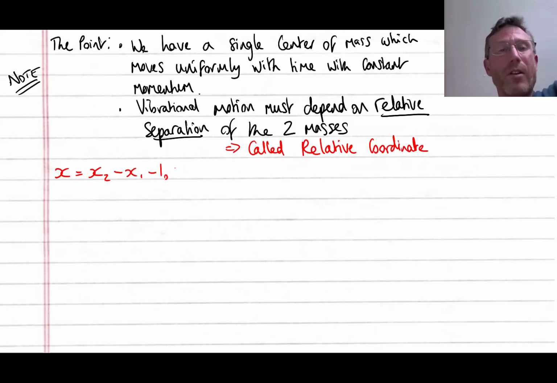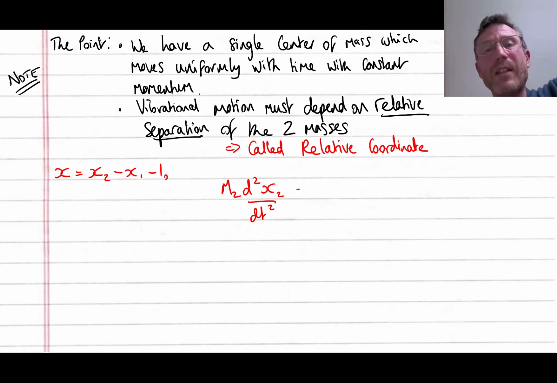Okay, and earlier, we've expressed that we had m2 d squared x2 by dt squared. So that's our Newton's second law piece, and that was equal to minus k, and we've got x2 minus x1 minus L0 inside the brackets.